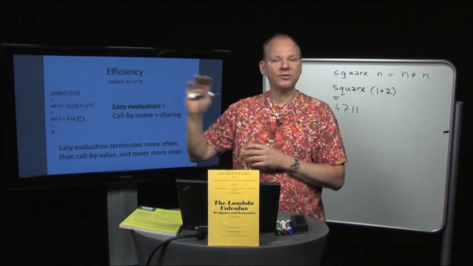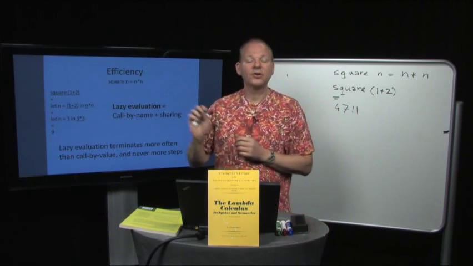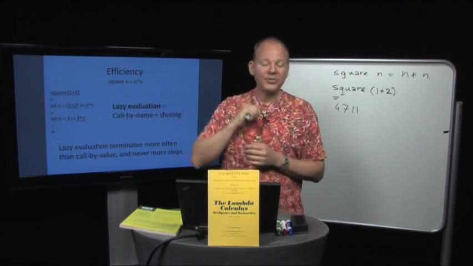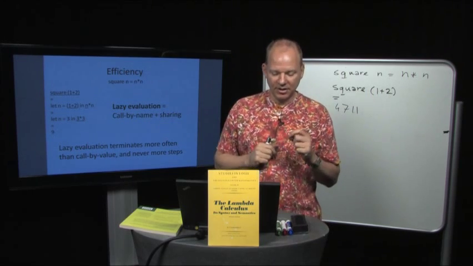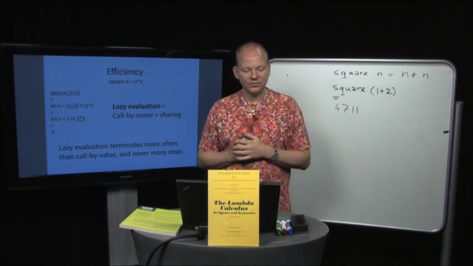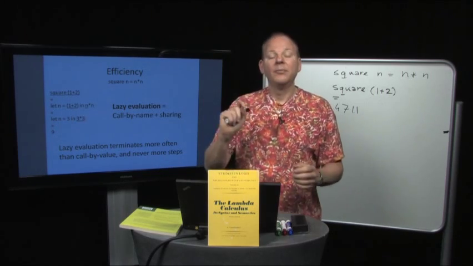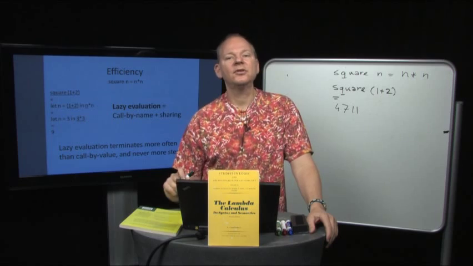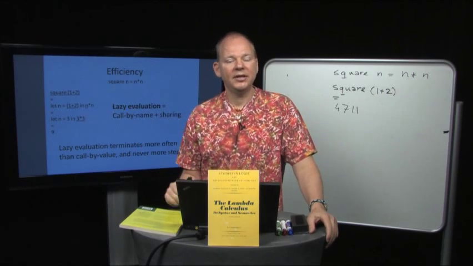We say let n = 1 + 2 in n * n. And now when we execute the first occurrence of n, we're updating the let binding. So let n = 1 + 2, we execute that to 3, and by doing that, every occurrence of n will be evaluated.